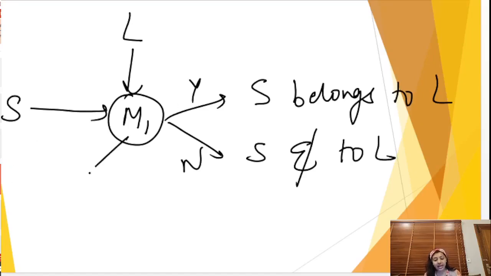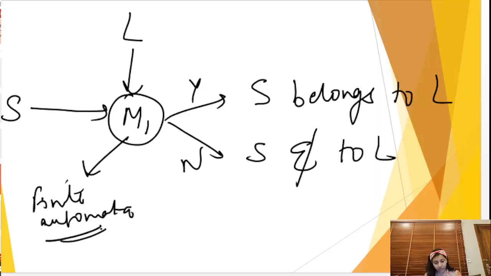So this M1 model is nothing but a finite automata. So finite automata is one such mathematical model that can help you decide whether any particular string belongs to a language or not.